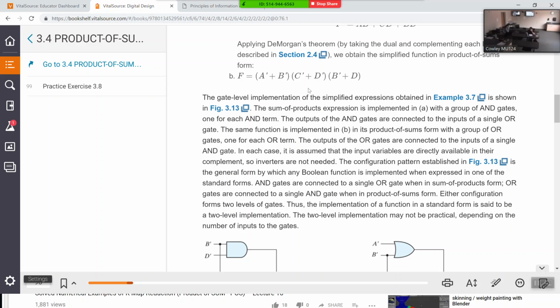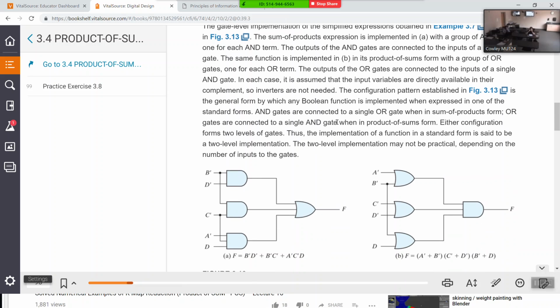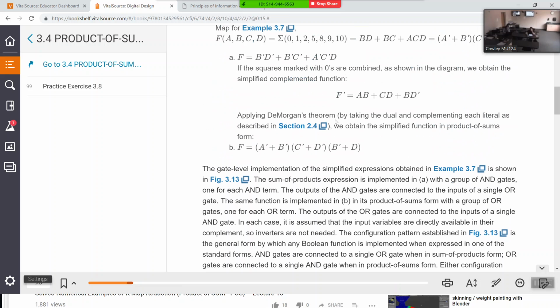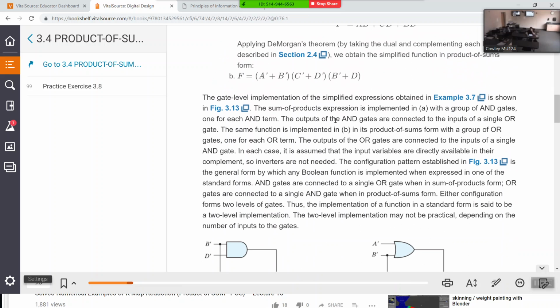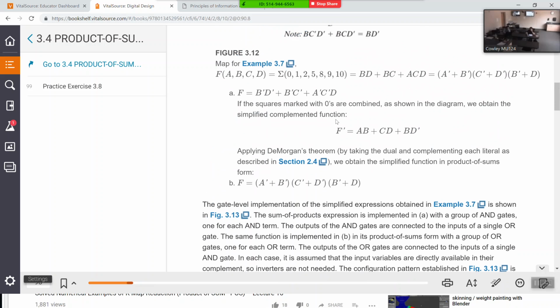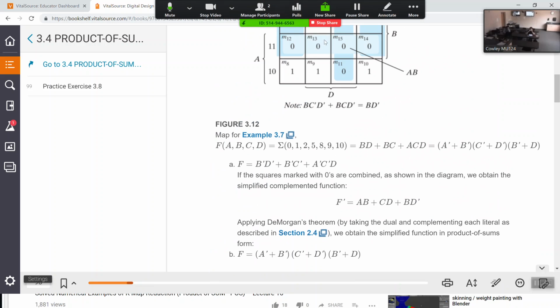Let's see. The gate level implementation of simplified expressions obtained in this example is shown in this figure. Some of the products expressions implemented in a group of AND gates. Okay, so they're showing the one for up here.